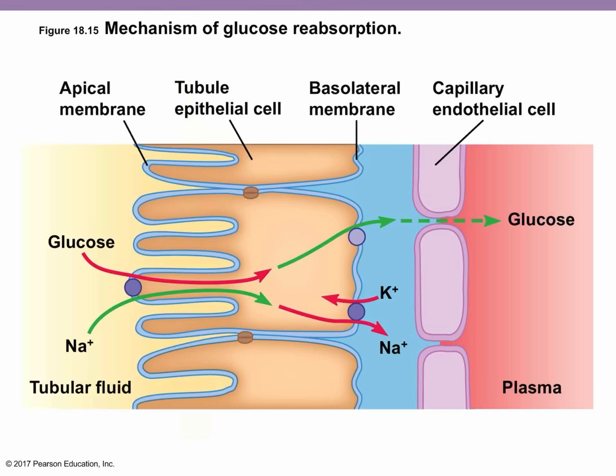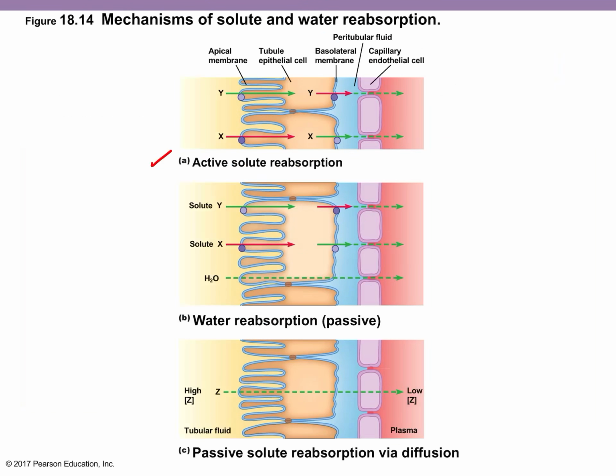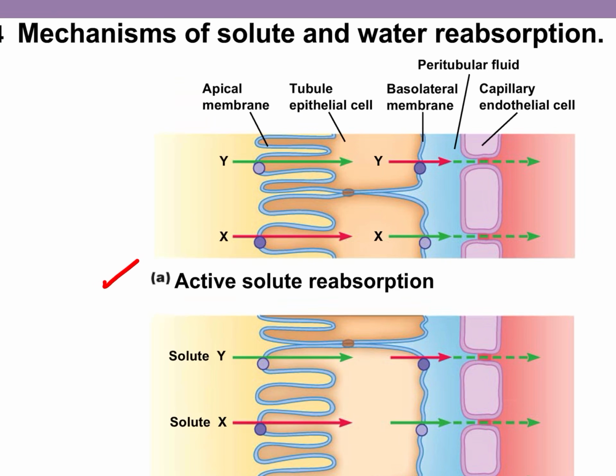So here's our picture, right? The way that things are reabsorbed is all the tricks of the trade. So active transport, where we have, sorry about that. We have on the apical membrane, on the membrane that faces the filtrate, X and Y here, you'll have a transporter actively pumping it in.